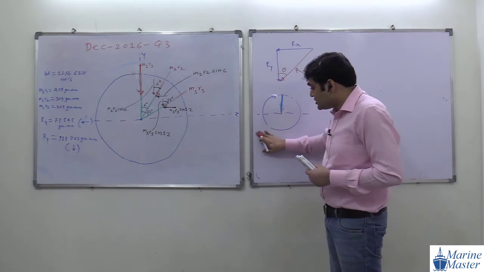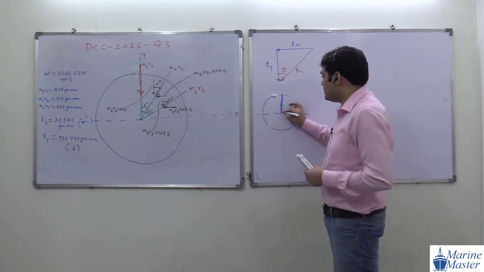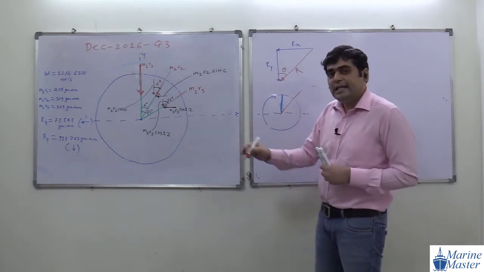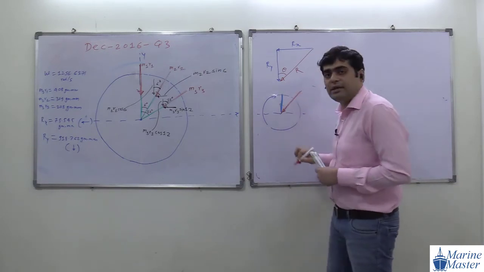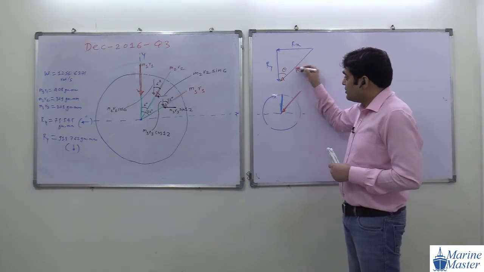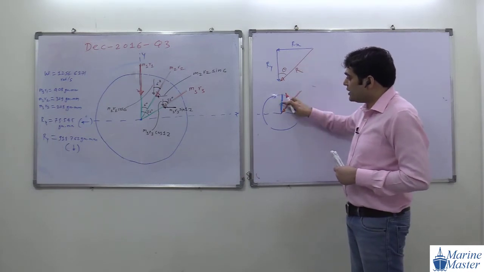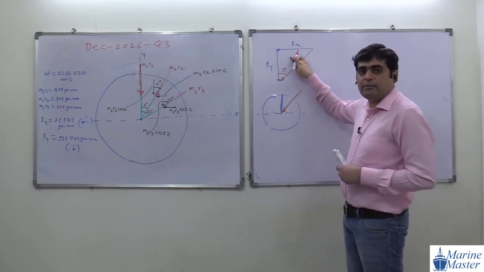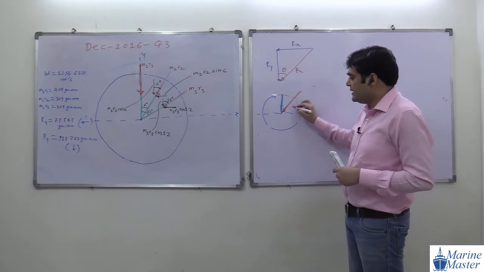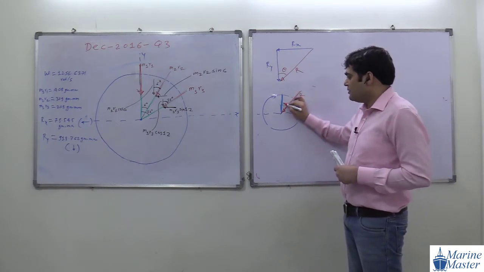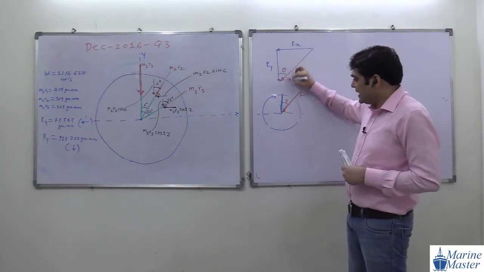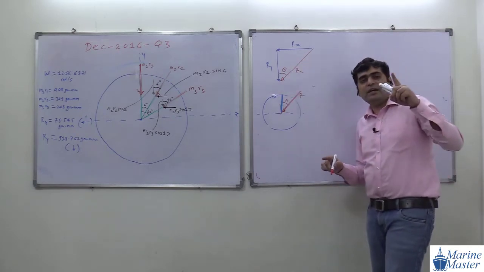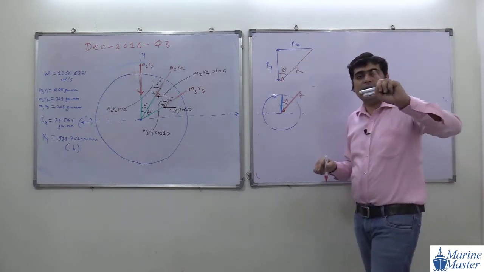But in this question, all three centrifugal forces are radially inward, so the resultant must also be represented inward. If you compare this drawing and the force diagram, we get similarity. This is our R, and with respect to the first blade this angle will be theta. So here we consider theta with respect to vertical. Okay, guys, are you getting my point?